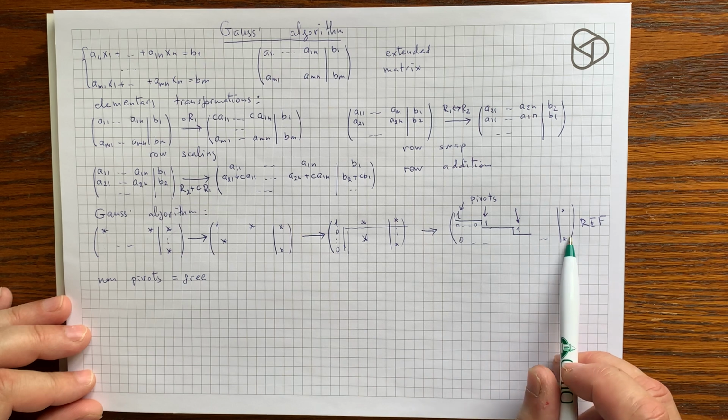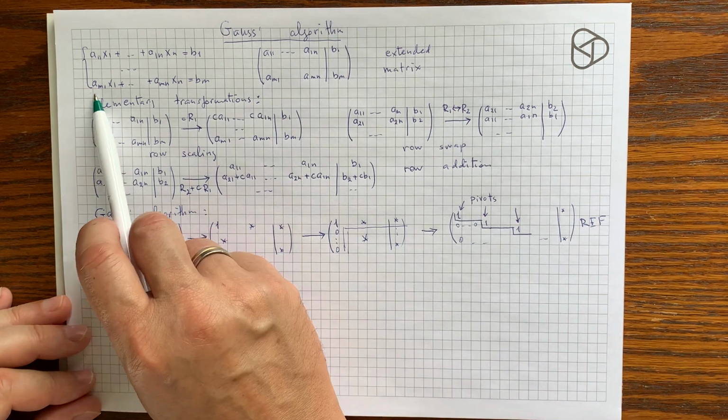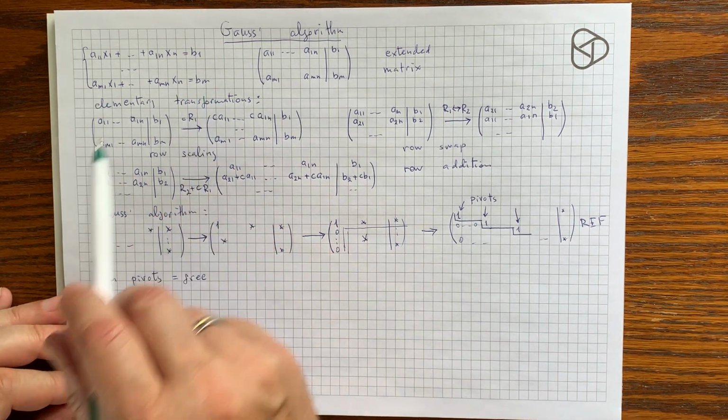But to be able to solve, we have to not have inconsistent, unsolvable equations, like an equation where we'll have all zeros on the left-hand side of the equation and non-zero on the right.